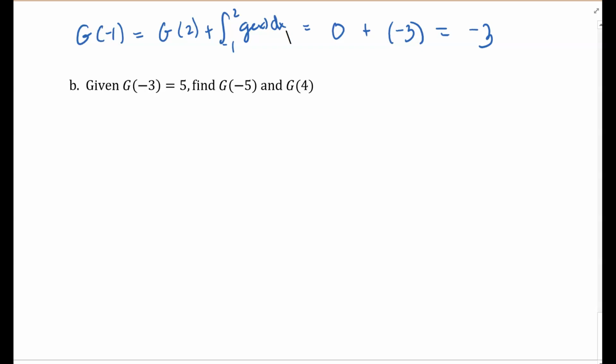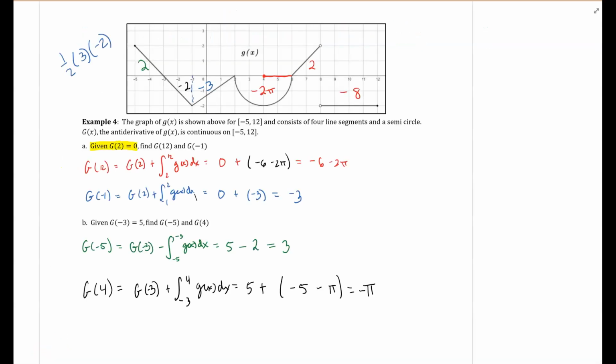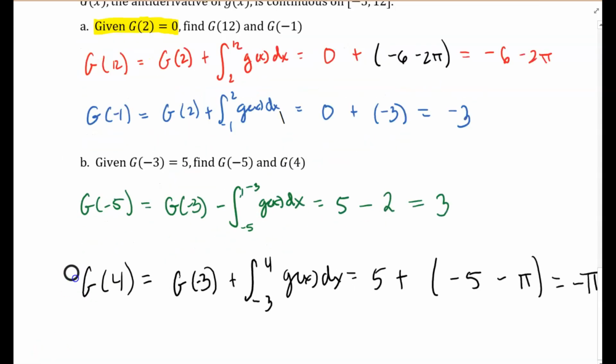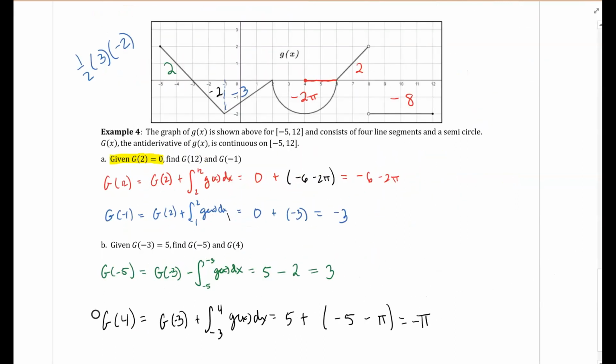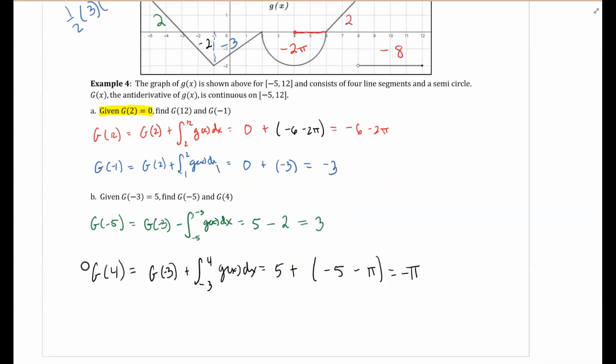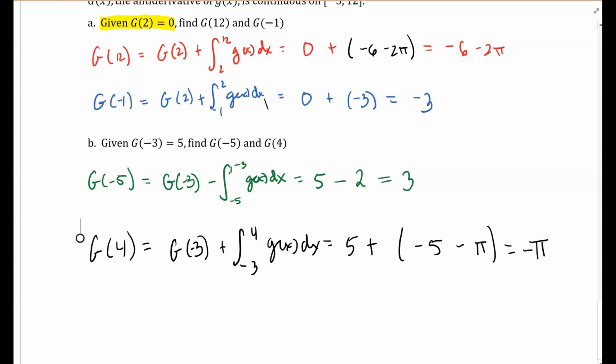Go ahead, please try to find these values, and I'll show you the answer in a second. All right, here is G of negative 5. We use our initial value, G of negative 3, and we're going to subtract the area from negative 5 to negative 3. The area from negative 5 to negative 3 underneath g of x and above the x-axis is 2, so 5 minus 2 gives us 3. All right, and then the function value G of 4: I use my initial value of G of negative 3, and I'm going to add the area under g of x from negative 3 to 4.